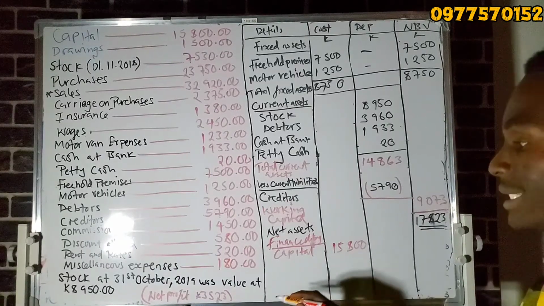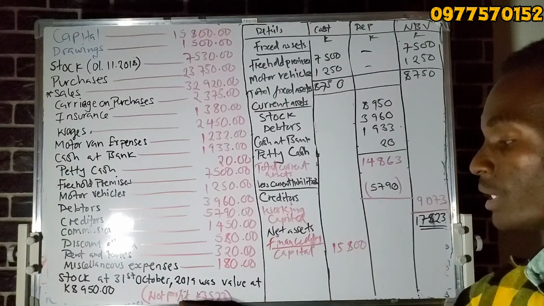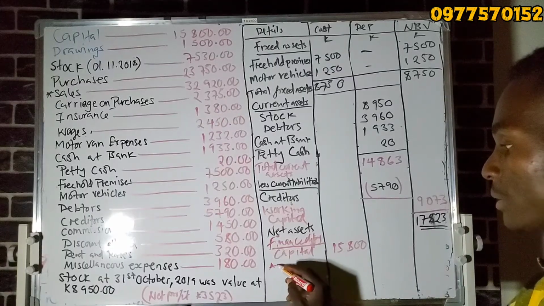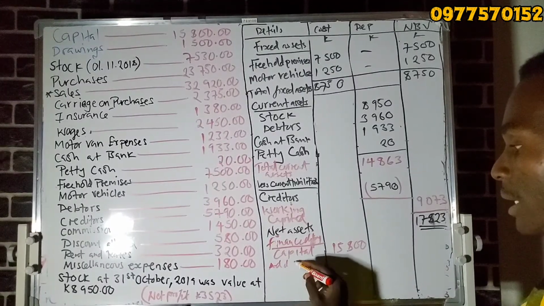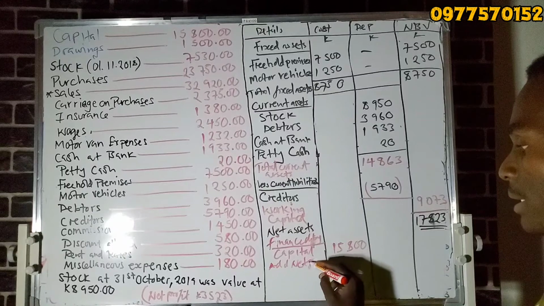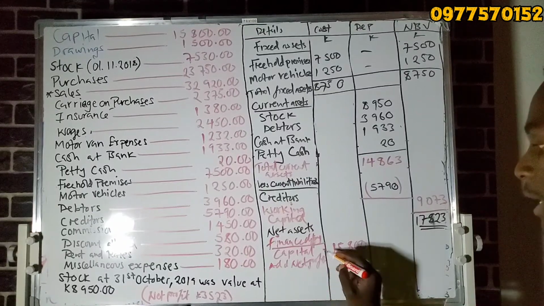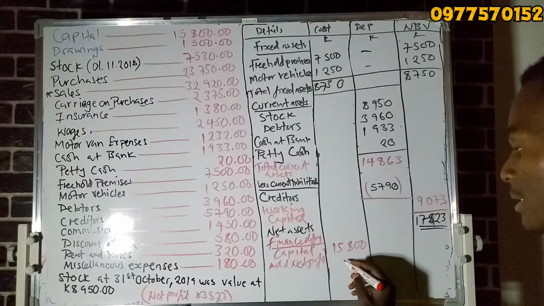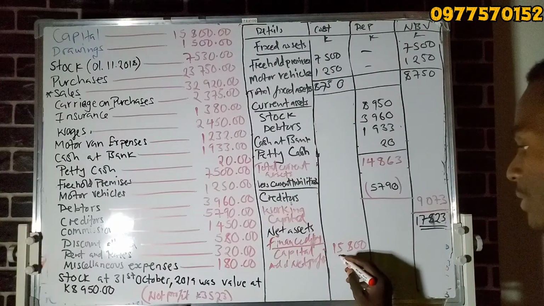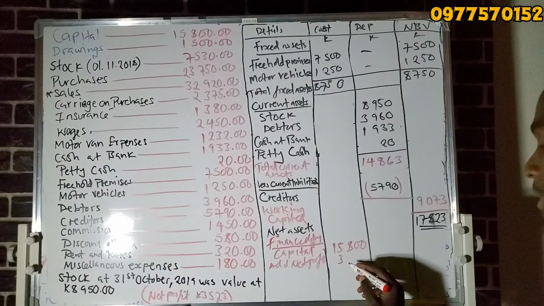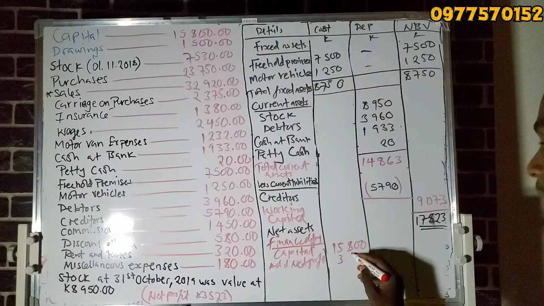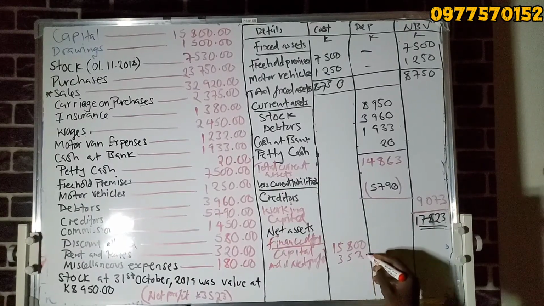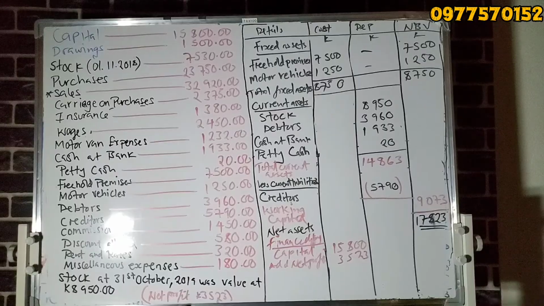Then to the capital, we are going to add net profit. This net profit I wrote here. If that one was a net loss, we would have subtracted. This is 3,523.